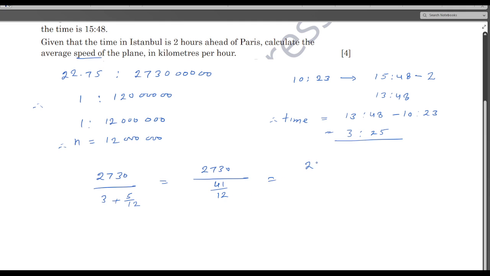So this is 2730 multiplied by 12 divided by 41. So around 799 kilometer per hour. So this is equal to 799 kilometer per hour.